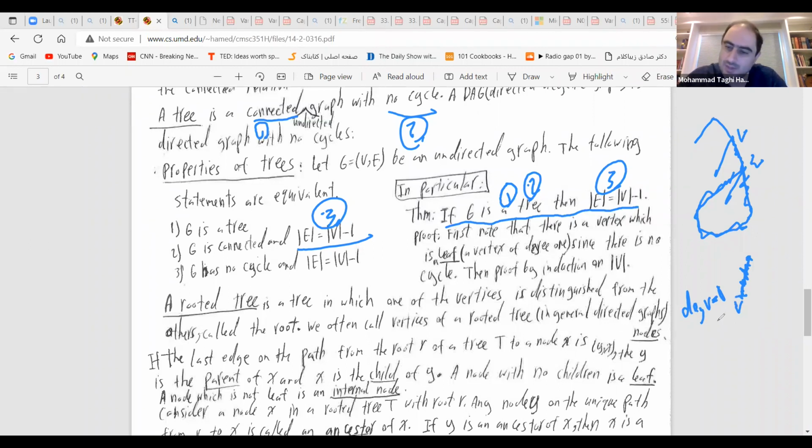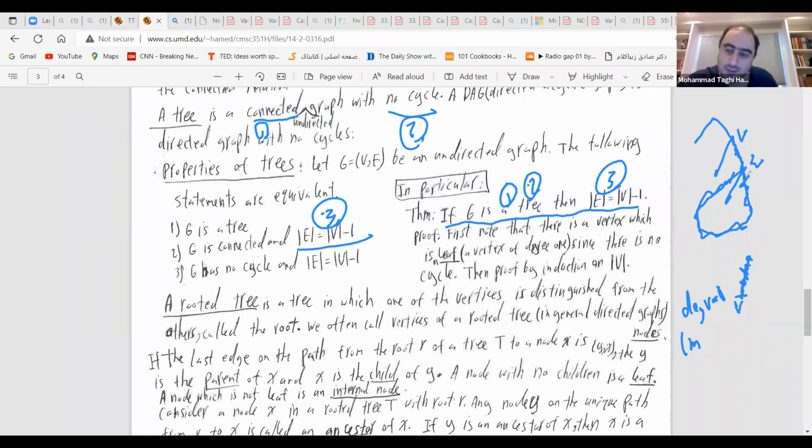So what can we do? Then we are using induction. You see, we cannot say that we are considering a tree of size n-1, and then we create a tree of n, because there are lots of ways that we can do it. But this is the lemma that I say: there is always a vertex of degree 1 if the graph is a tree, namely if it is connected and has no cycle.